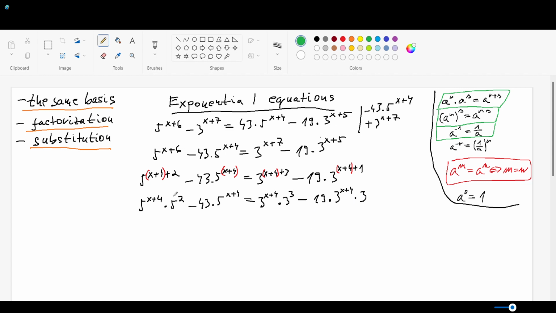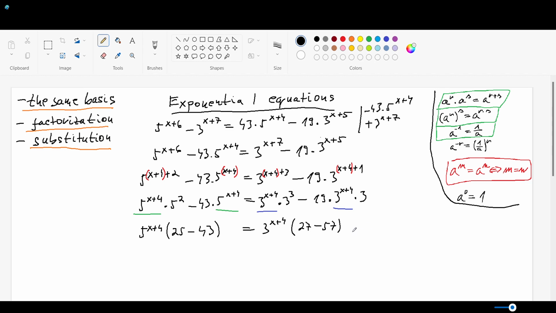I'm pretty sure you can see now the common factors on the left side, as well as the common factors on the right side, and using the same procedure as we did till now, you can see that this is going to be 25 take away 43 is equal to 3 to the power of x plus 4 times 27 take away 57.